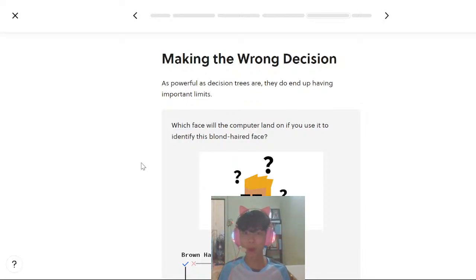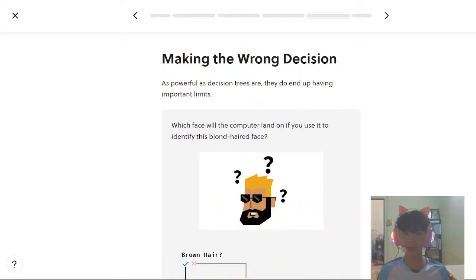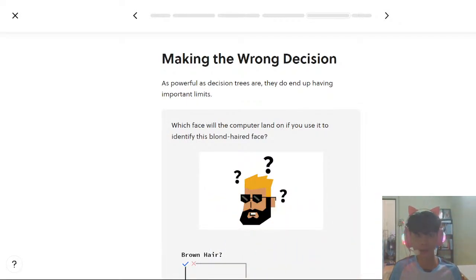Making the wrong decisions. As powerful as decision trees are, they do end up having important limits.